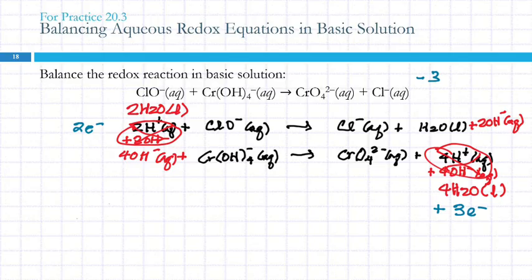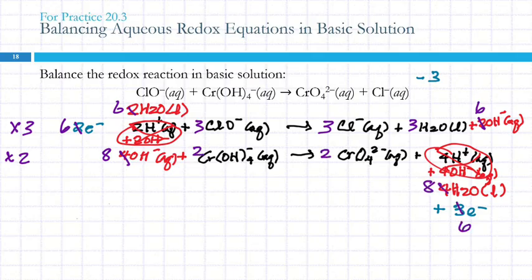Then we need to make the electrons equal. And then we can add them together.